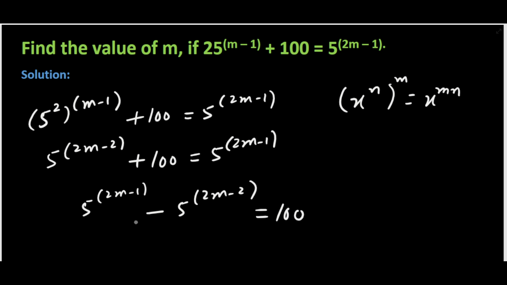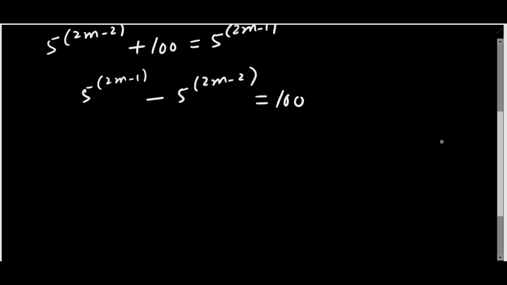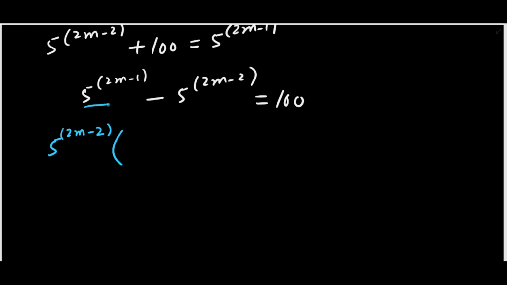Now we take 5 power 2m minus 2 as a common in this equation. Let's see how we can take the common. When we take 5 power 2m minus 2 common from this expression, what we will get? This is a confusion to every person.